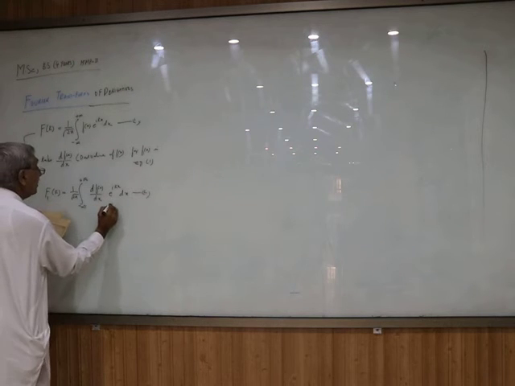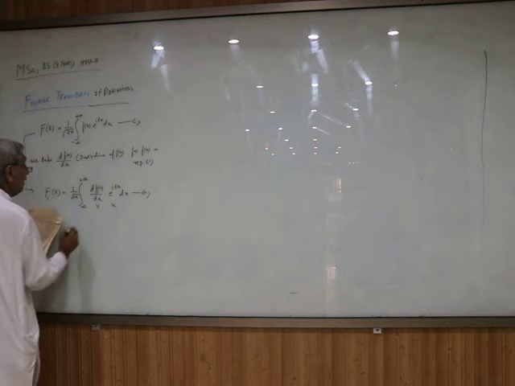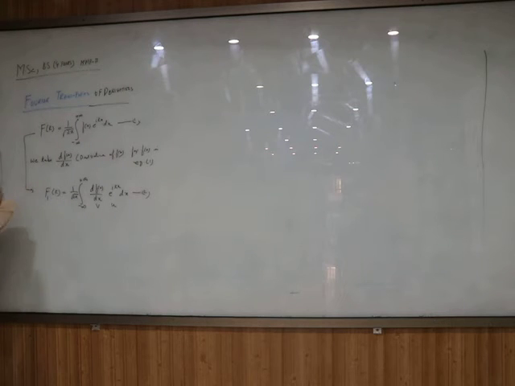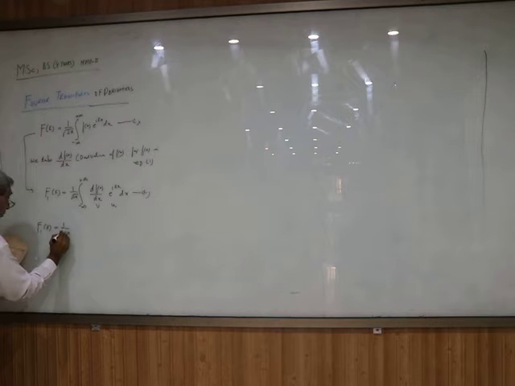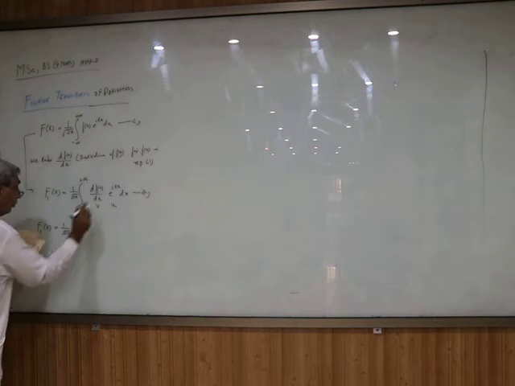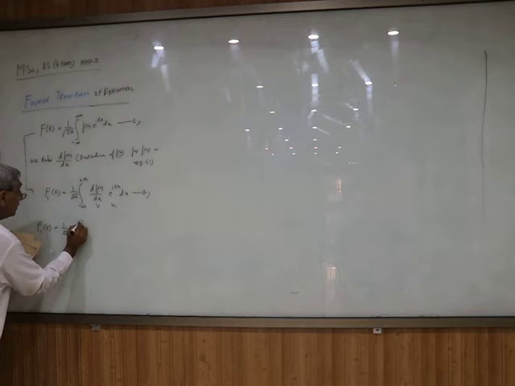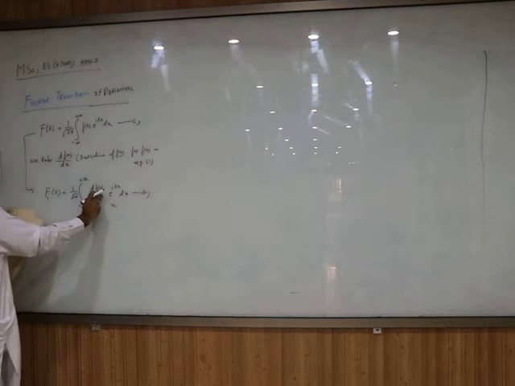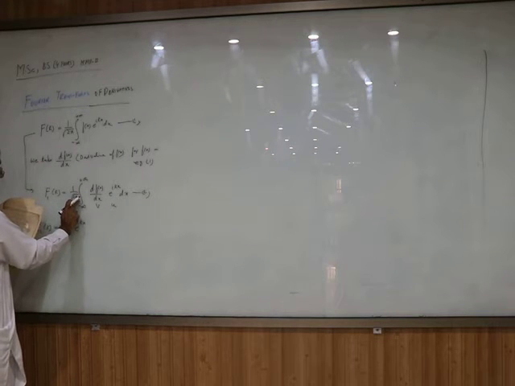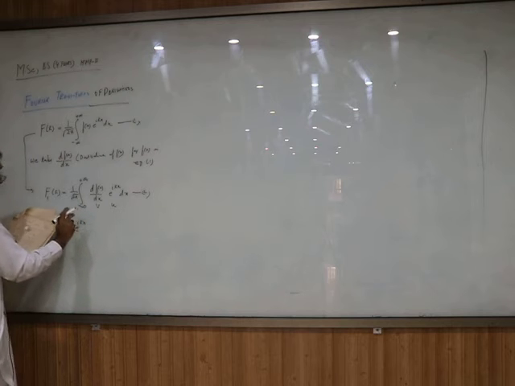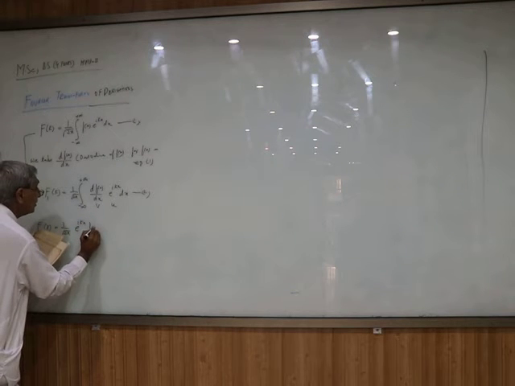Then I take this as u and this as v. Open this integral by the u into v method, that is, integration by parts. You get f1(k) is equal to 1 over square root of 2 pi, u into the integral of this. Look, integral and derivative cancel, and what you get is f(x).